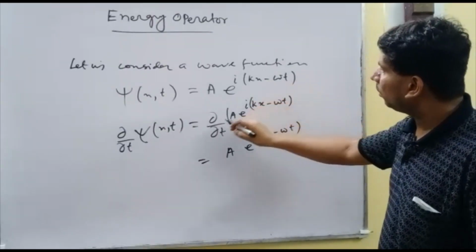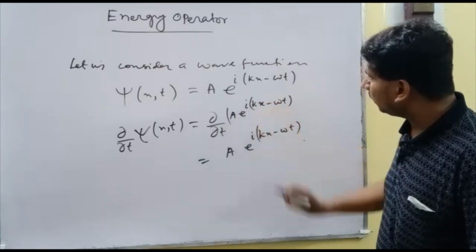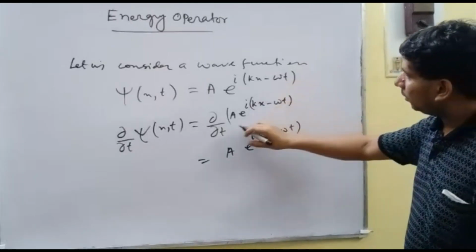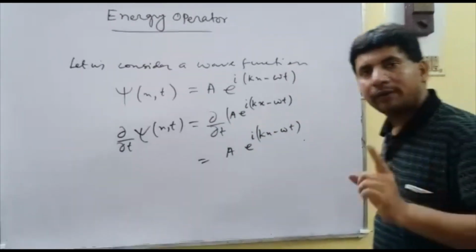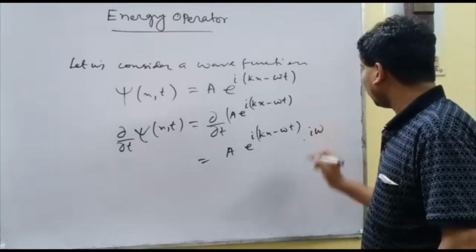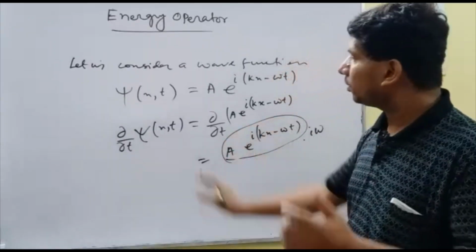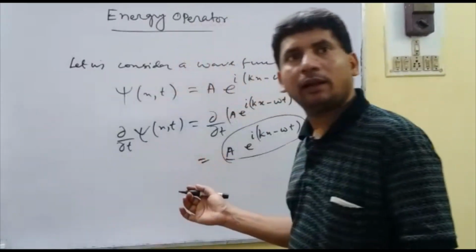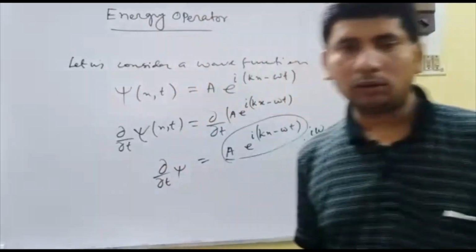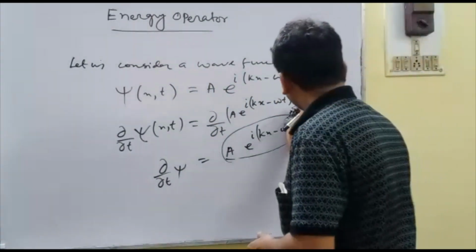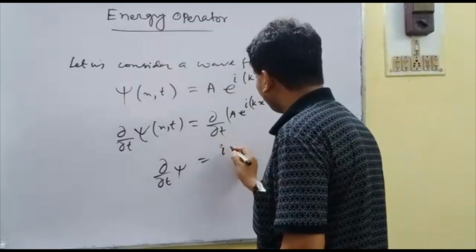Del of ikx by dt equals 0, and del of minus i omega t by dt equals minus i omega. So del t psi equals minus i omega psi.